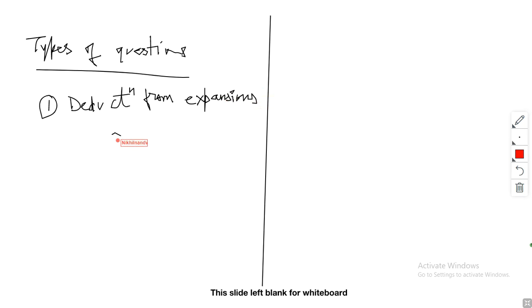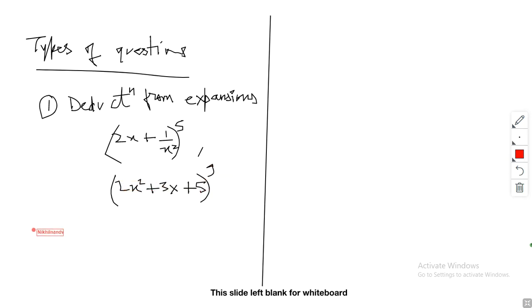First, deduction from expansion means (2x + 1/x²)^5, or say (2x² + 3x + 5)^9. So just expand these types of questions.